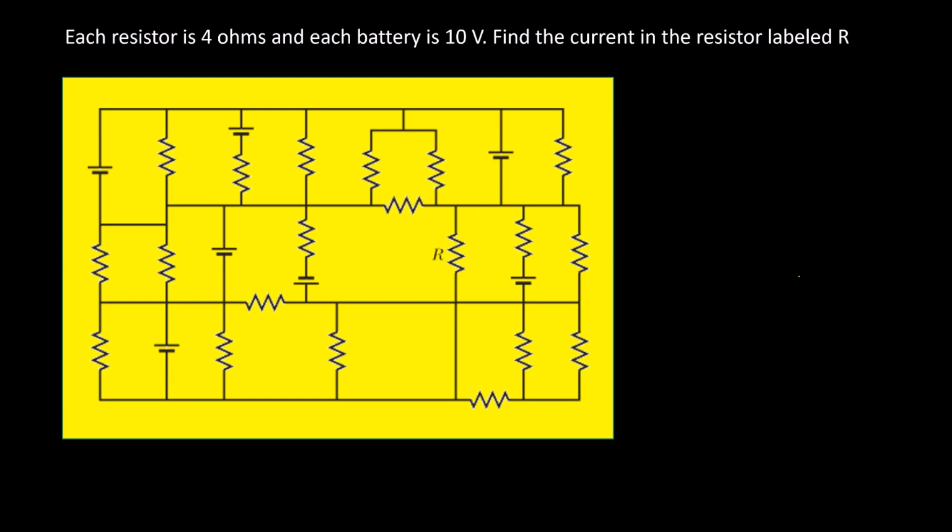Any ideas? It seems to be very complicated, but it is not actually that complicated. Just use the loop rule? Yes. How do we do that? I guess just focus on a box that has the resistor in it. You mean this one?